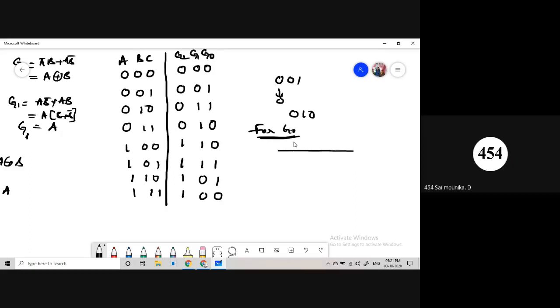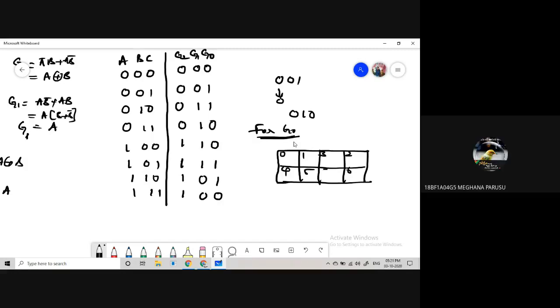So for G0, in which positions are we getting 1? Here we are getting 1, 1, 1 and 1.